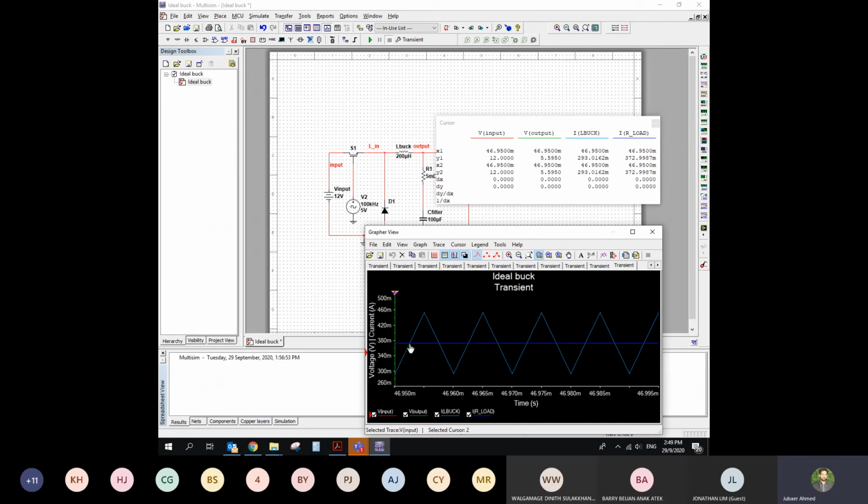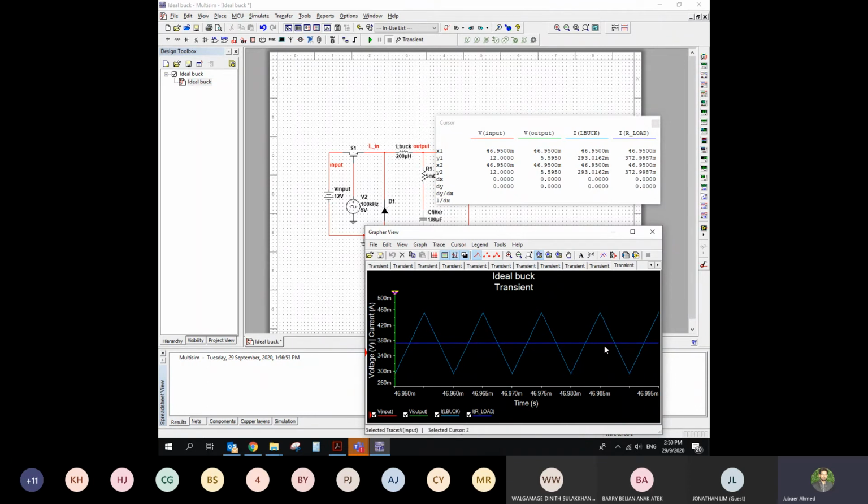That means the base current is getting reduced. Also, if you watch the inductor current and the output current side by side, you can see that the output current is almost at the middle of the inductor current. That means the inductor current always follows the output current plus some ripple on the top and some ripple on the bottom.